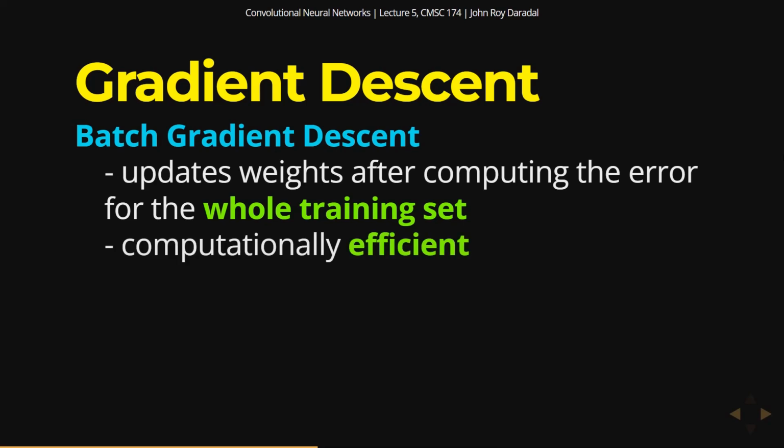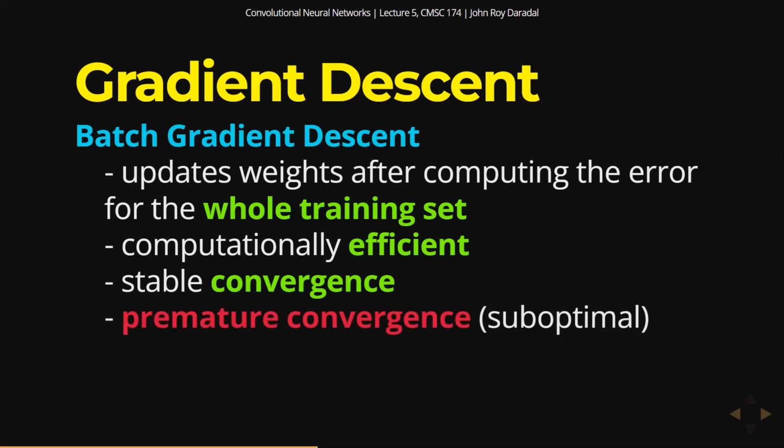So it's computationally more efficient than stochastic gradient descent because you're not doing as many updates, and it also provides a stable convergence because you're doing updates in a steady manner and not at each sample. However, the problem is it's susceptible to premature convergence.